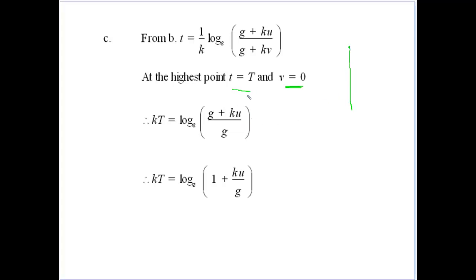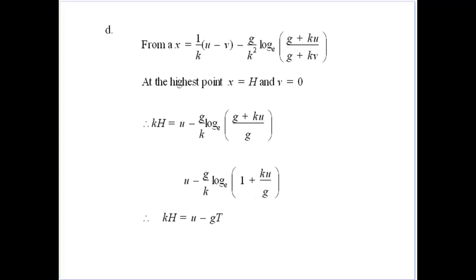And that's at the point where the time is equal to capital T. So we do that substitution of T and v. The k can multiply across and that becomes 0. So we just get g plus ku on g, which can be written as 1 plus ku on g. So there's the expression that we needed to get.